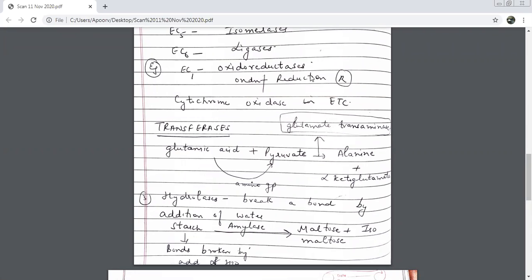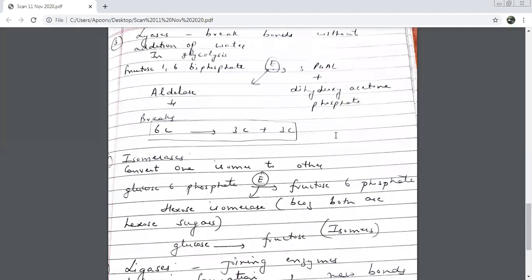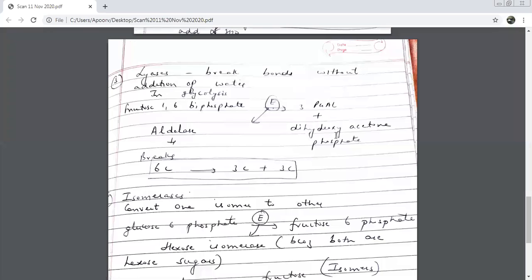Oxidoreductase, transferases, hydrolases, all three on your screen. Now, when you read about lyases, keep in mind the difference between hydrolases and lyases.